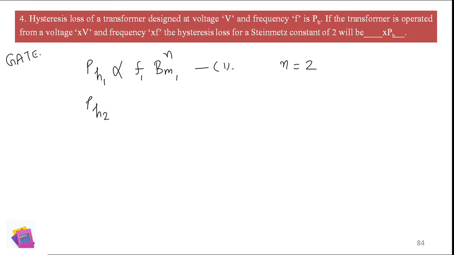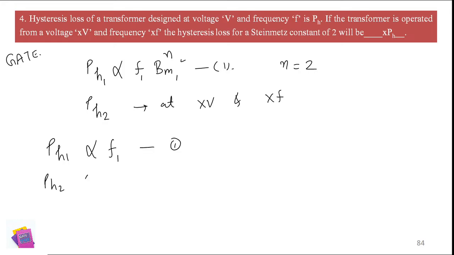You have to find the hysteresis loss when you increase the voltage with xV and frequency with x into F. So this is your relationship. Here the flux density Bm is constant, so you can modify the relationship. This is directly proportional to F. So PH1 is proportional to F1, equation number 1.